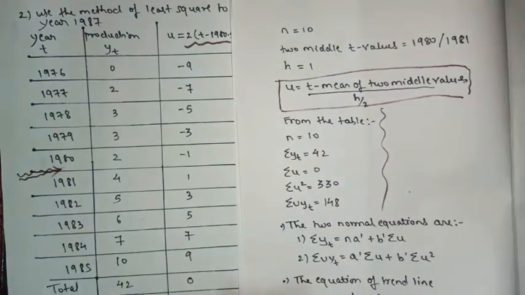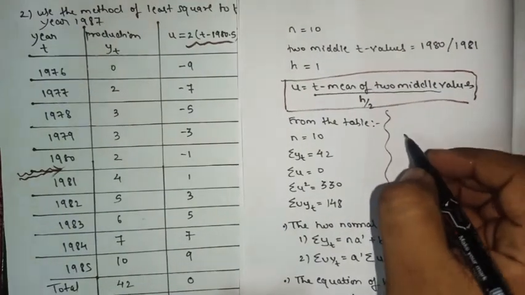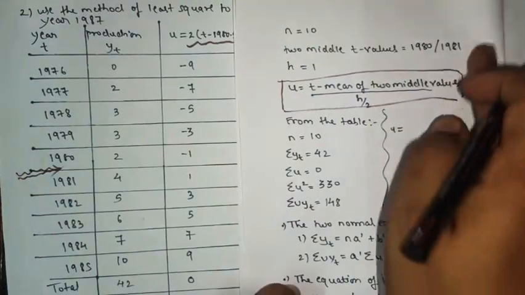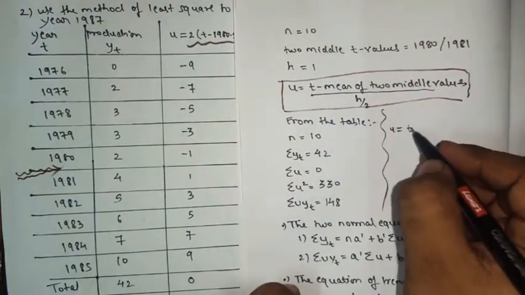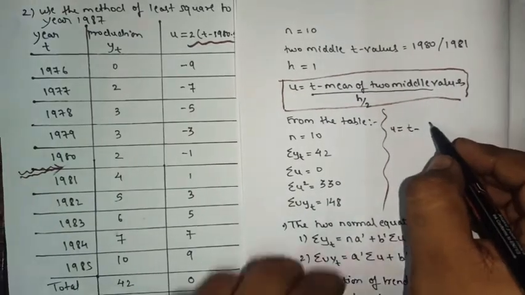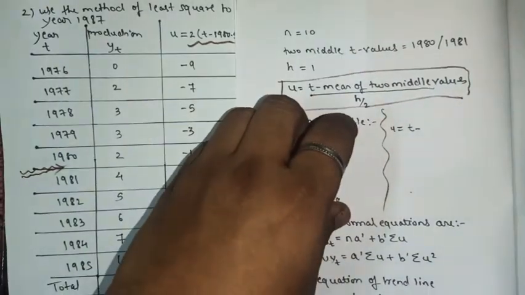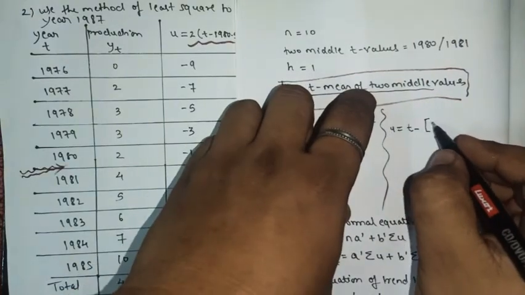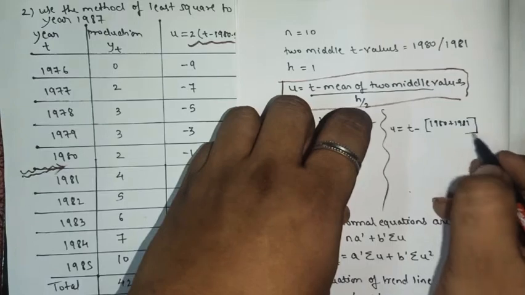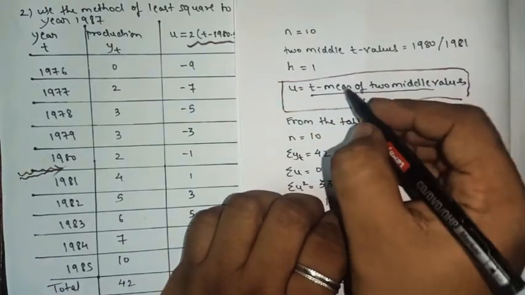So u equals t, keep this t as it is, minus the mean of the two middle numbers. What are the two middle numbers? 1980 plus 1981. What do you mean by mean?